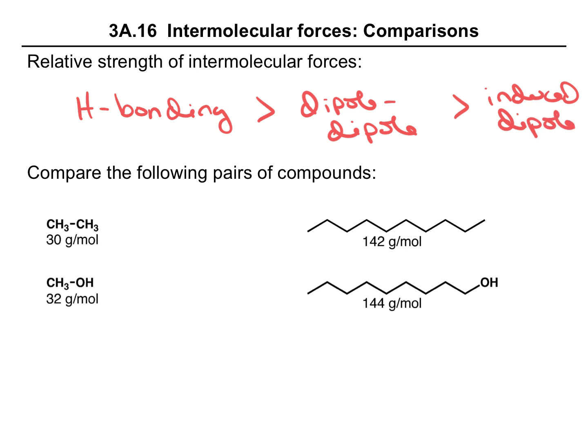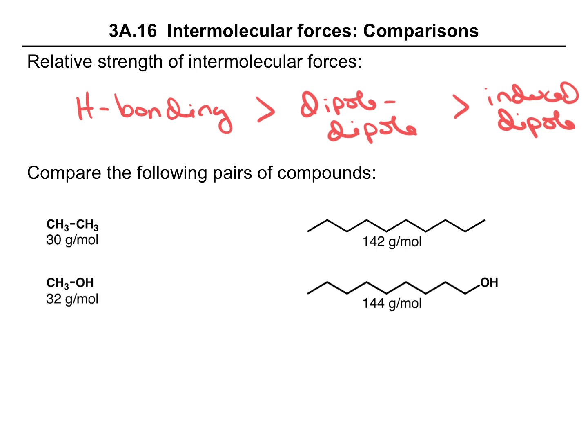Now, as we compare the following pairs of compounds, we're looking at ethane compared to methanol. Remember when we were looking at induced dipole interactions of hydrocarbons, we saw that size affects the boiling point. So if we are trying to compare within one type of intermolecular force, we can look at different sizes.